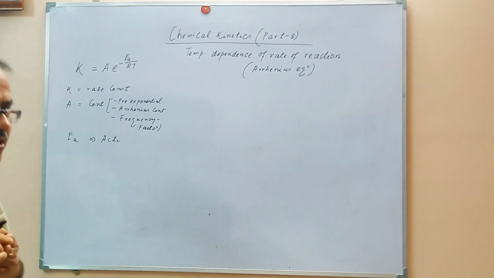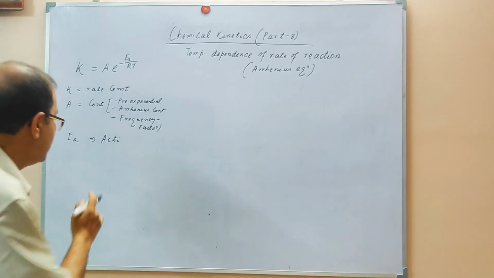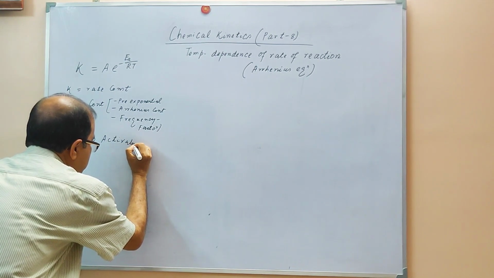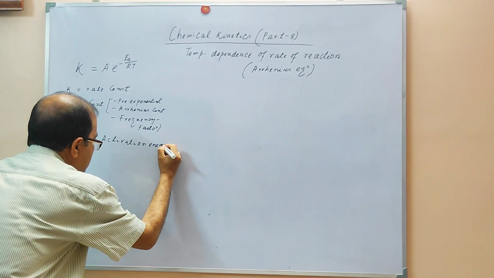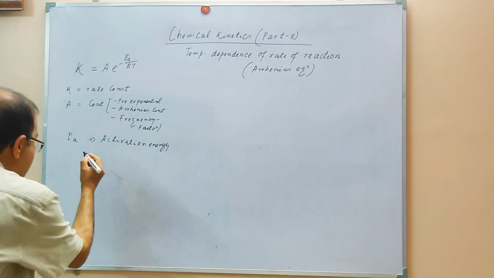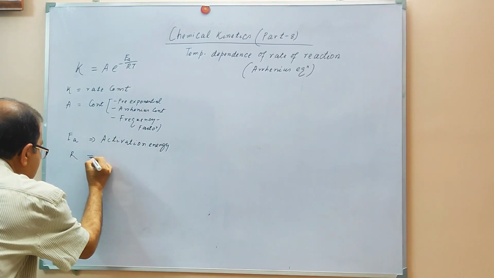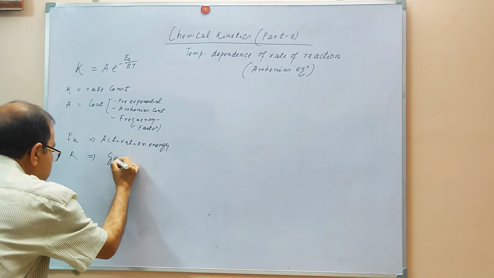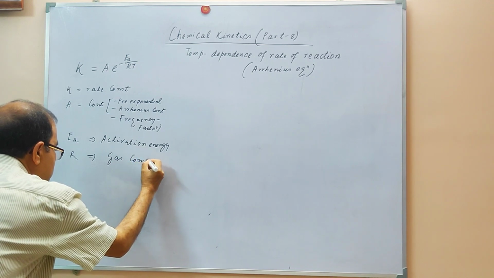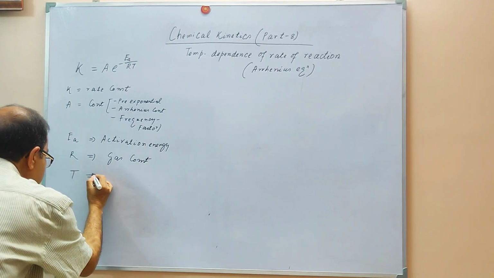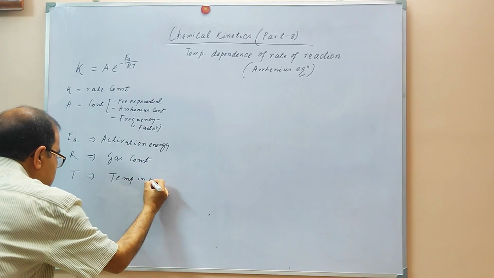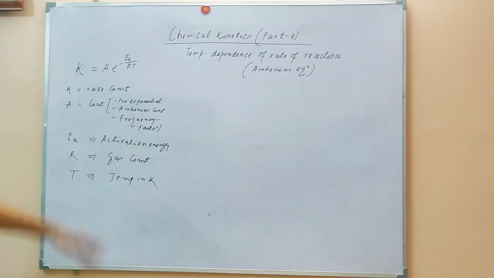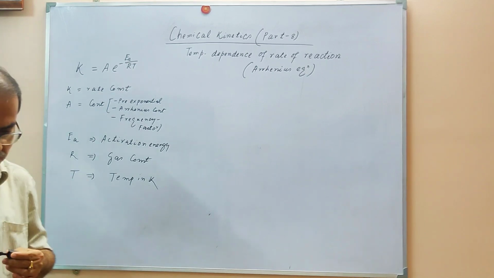Without this energy, the reaction cannot proceed to yield the product. Here R is the gas constant, and T is temperature in Kelvin. Okay, these are all the parameters of the Arrhenius equation.